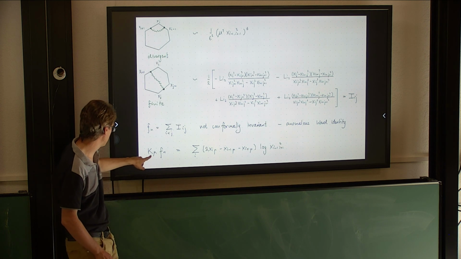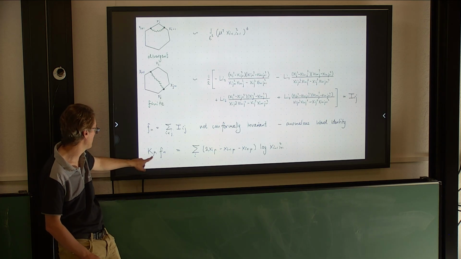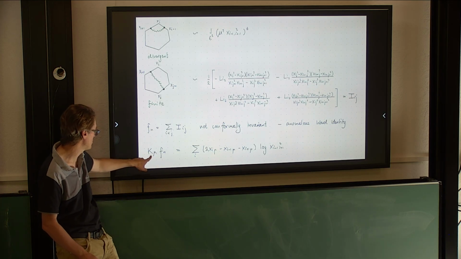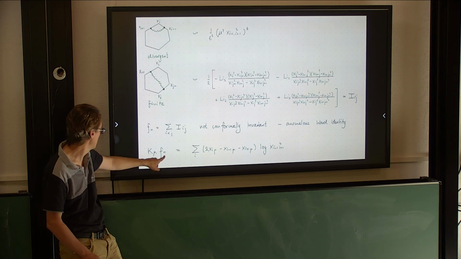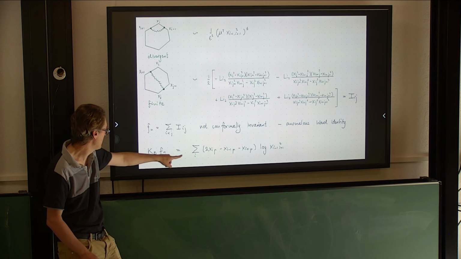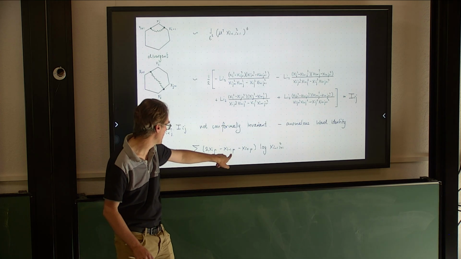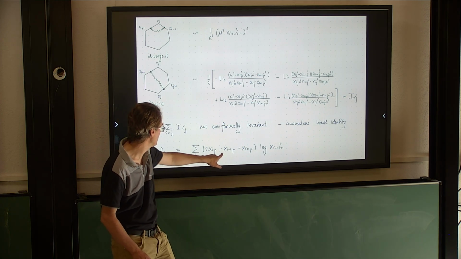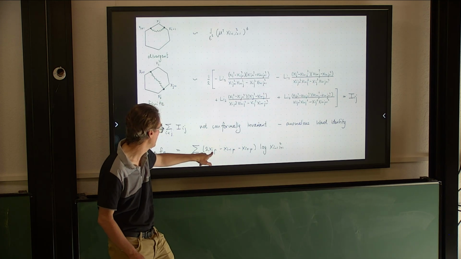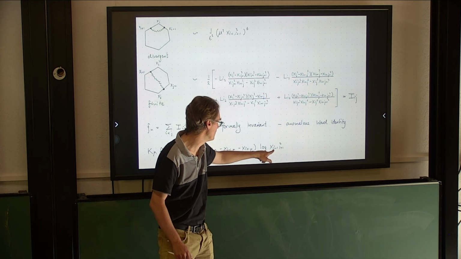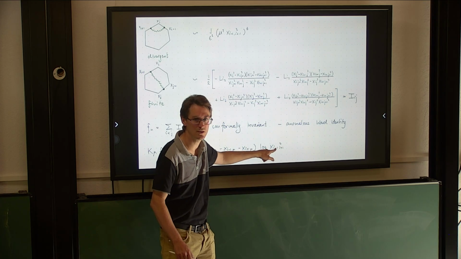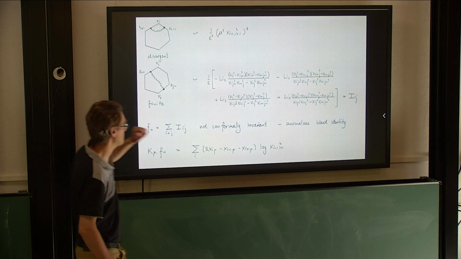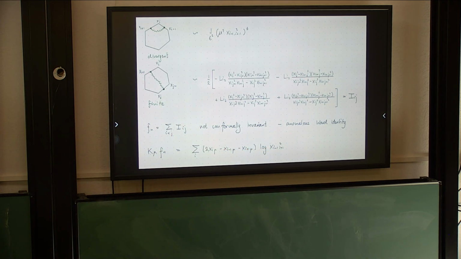And the end result is that this is the equation that's actually obeyed. It's not zero on the right-hand side, so this is a special conformal transformation on this function. It gives me something which is localized over each corner, so it's a sum over i of some stuff that's happening at each corner times the log of the only non-zero distance near that corner. Okay, so this is anomalous there.